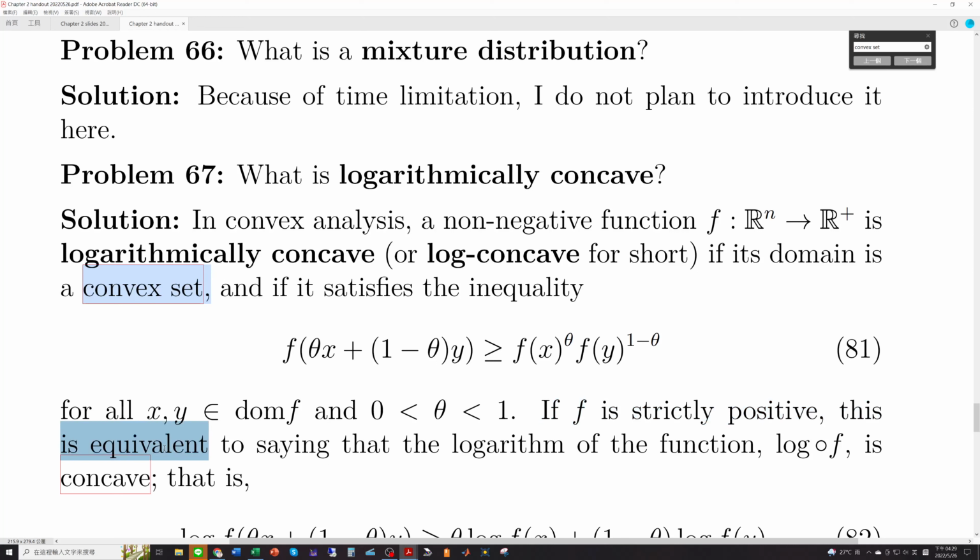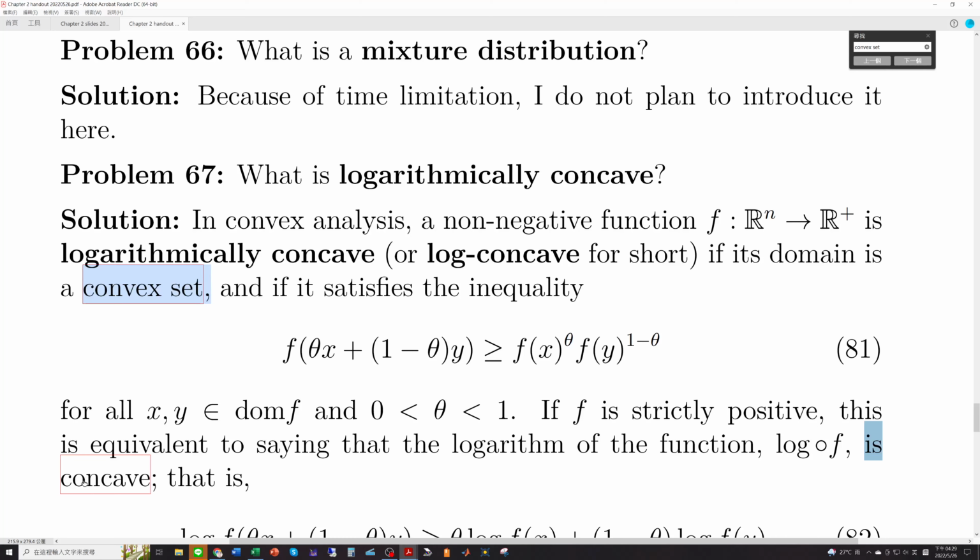this is equivalent to saying that the logarithm of the function, log circle f, is concave. What does log circle f mean? It means the composite function of the log function and function f. What is concave?